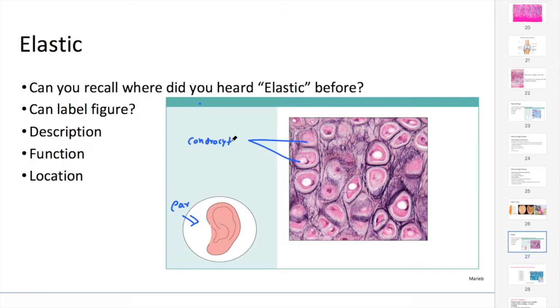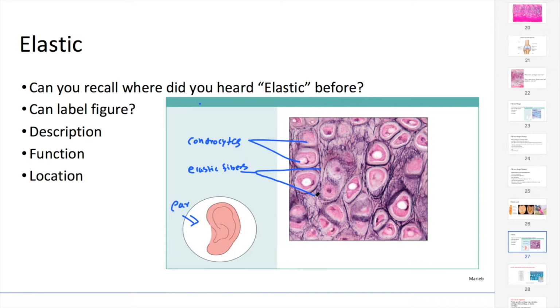chondrocytes. Okay? And what are these running things here? These are called elastic fibers. Okay, so we understand chondrocyte, we understand elastic fibers, right?